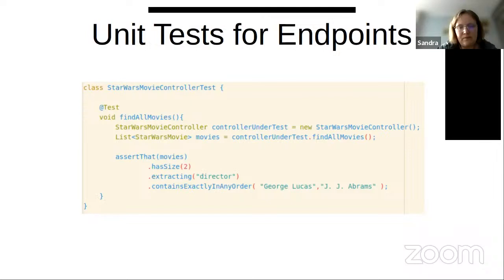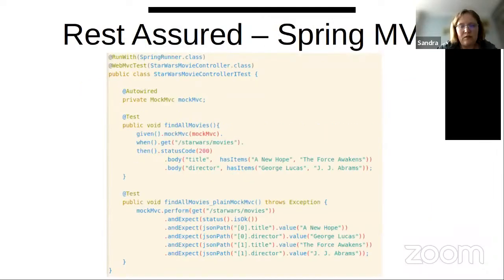The REST Assured test is only important when you have to test the whole HTTP stack. So if the status code is correct, the JSON is correct, and so on. It should not be a test of the logic. I recommend using a plain unit test for that.